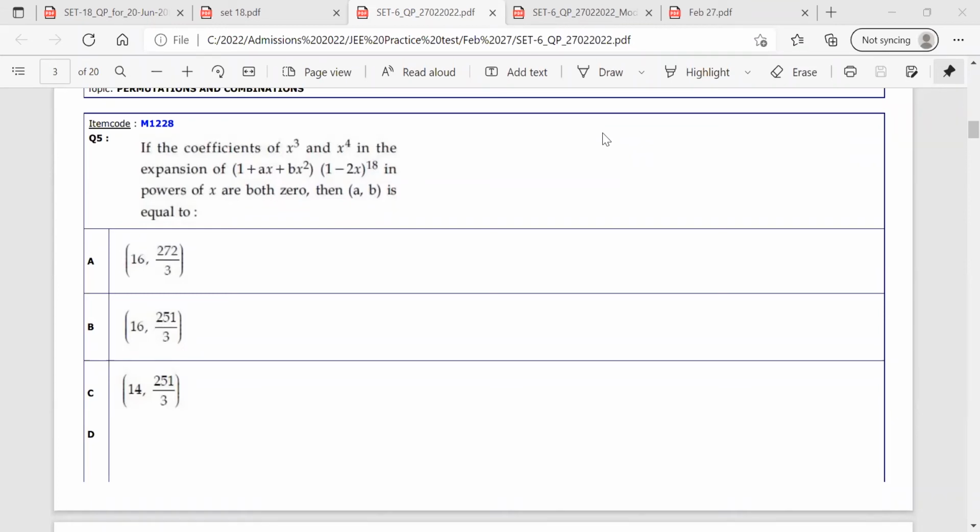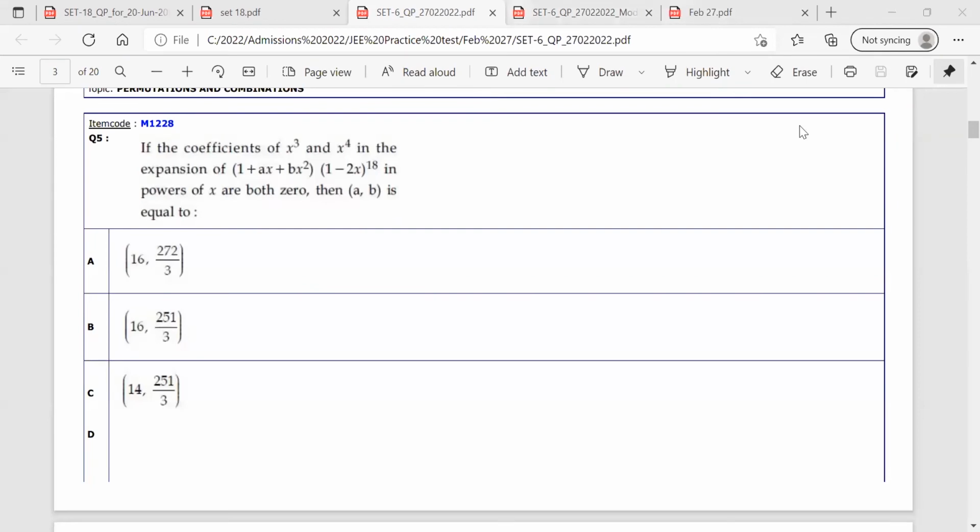It's 1 plus ax plus bx square multiplied by (1 minus 2x) whole raised to 18. And they are asking us, the condition is that the coefficients of x cube and x raised to 4 in this expansion are 0, and we have to find AB.